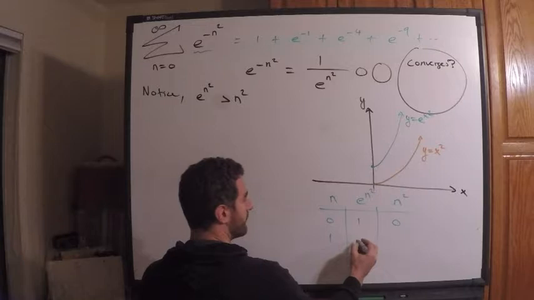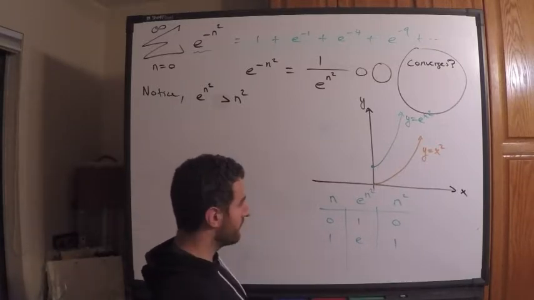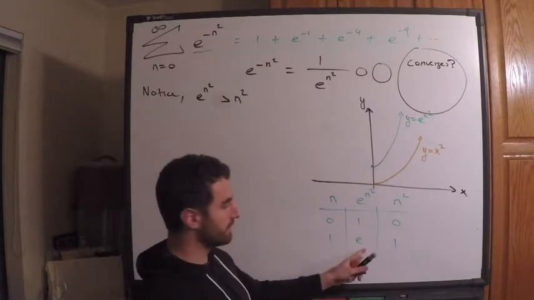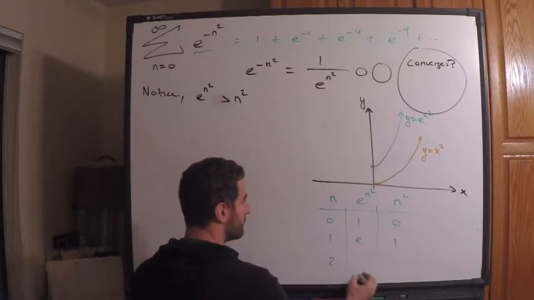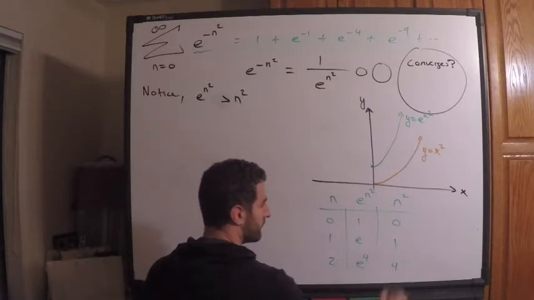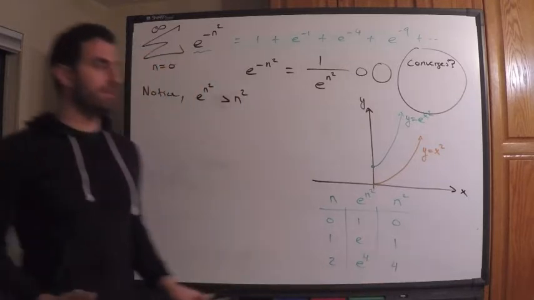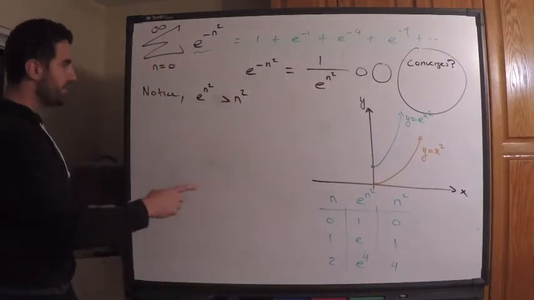If n is 1, then this is e, and this is 1. E is 2.718, so clearly this is bigger. If I plug in 2, this is e to the 4, and this is 4. Is e to the 4 bigger than 4? Absolutely. You don't need a calculator to verify this. If you keep going, it's also true.